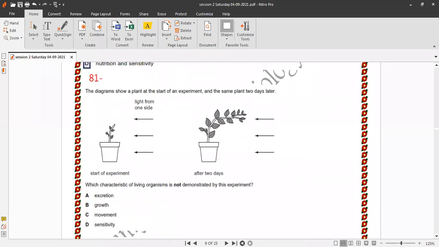81. The diagram shows a plant at the start of an experiment and the same plant 2 days later. Which is not happening? Focus here.